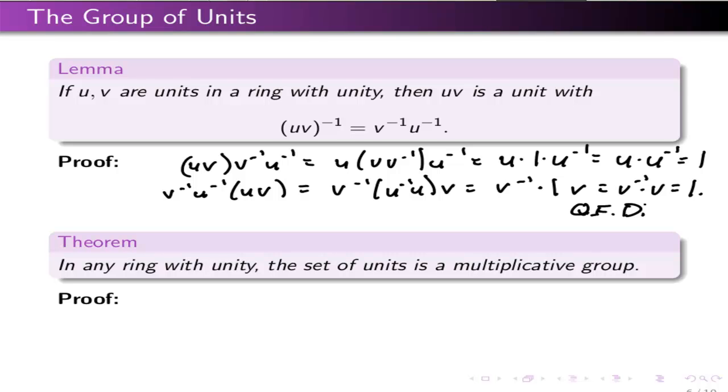So I claim then that if you're in any ring with unity element, the set of units is a multiplicative group. Well, what does it take to be a multiplicative group? Let U be the set of units.